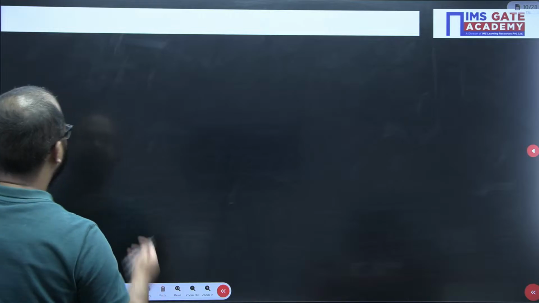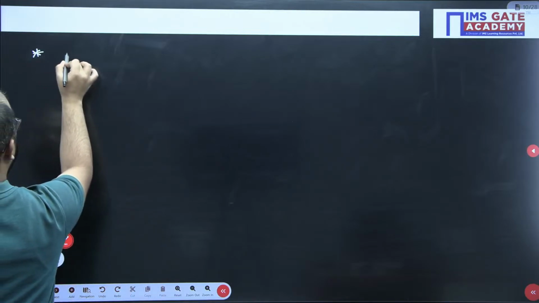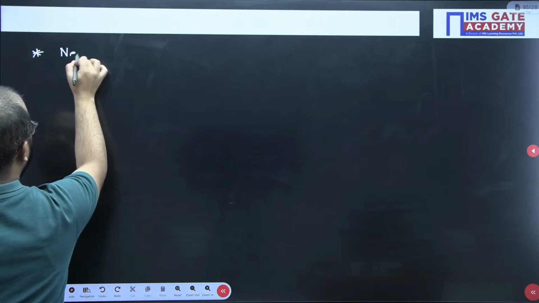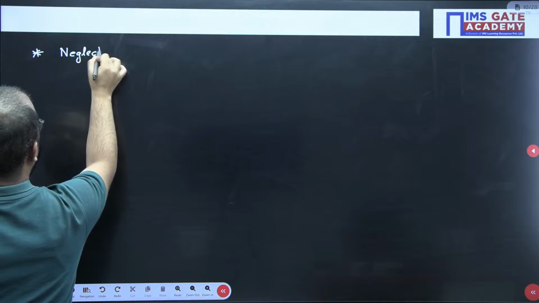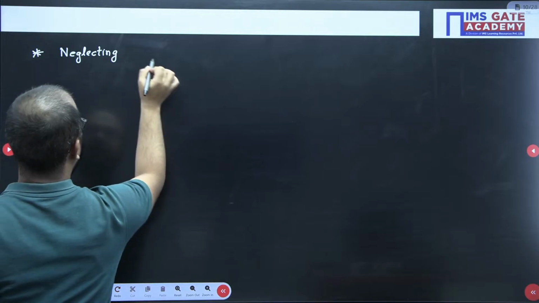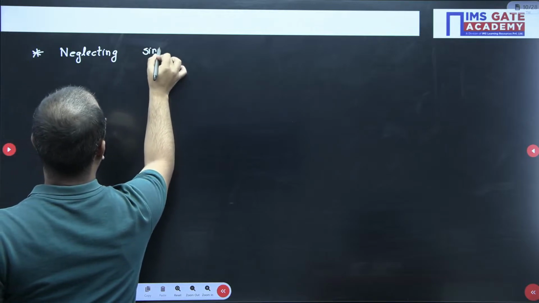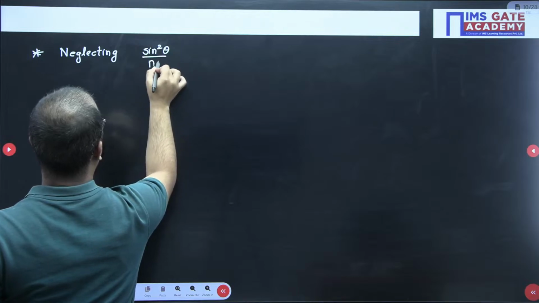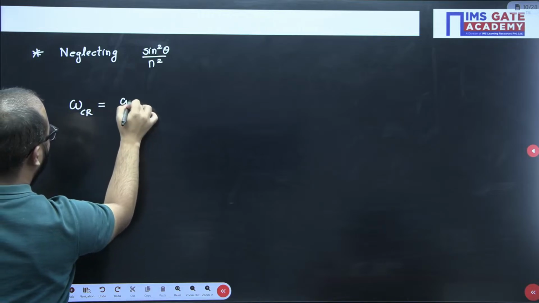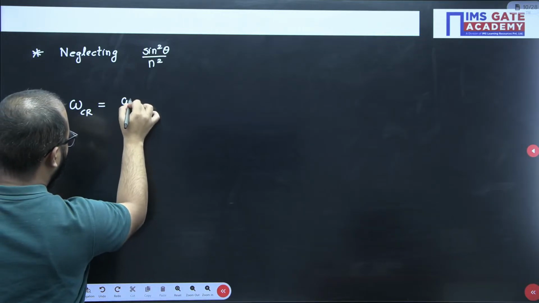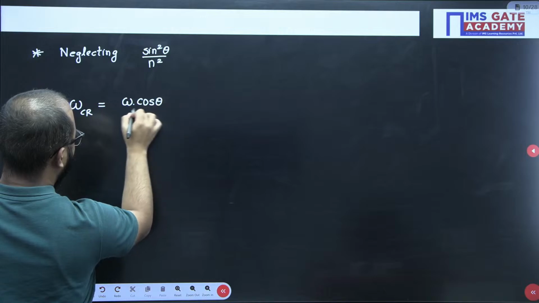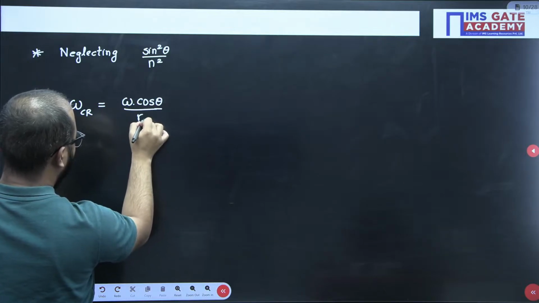So in the next page, if I am writing this thing, see. So the logic already we have discussed. Neglecting, so omega of connecting rod, omega cos theta by n, like this.